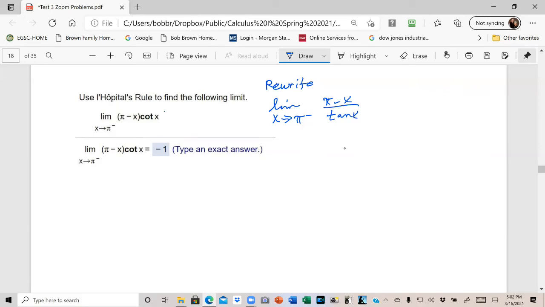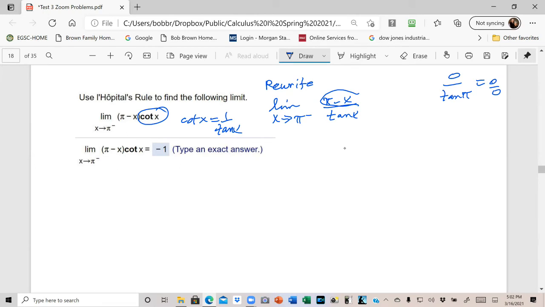Remember, cotangent of x is equal to 1 over tangent of x. And now if you plug in, you get 0 over tangent of pi, which is 0 over 0. So we can use L'Hopital's rule.